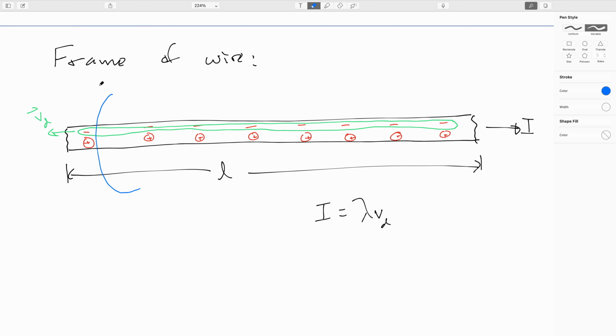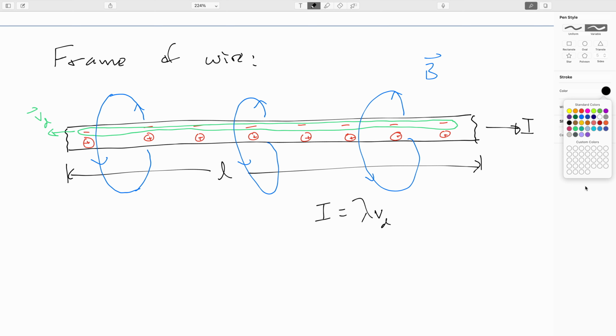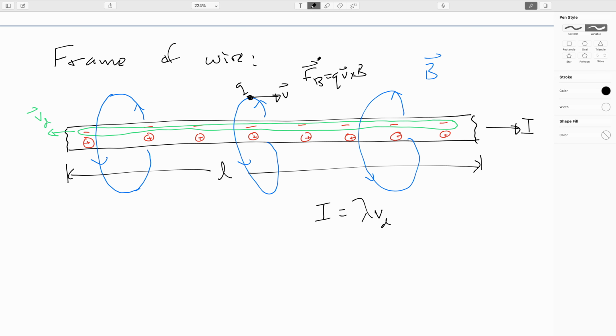I'll just draw one or two of them just to get some sense of it, oriented like so. So if we had a charge Q moving at V in the area, it would feel a magnetic force equal to QV cross B, like we've seen before.